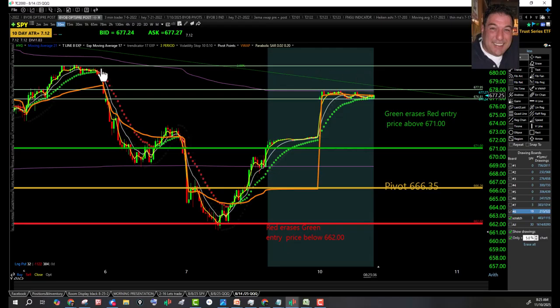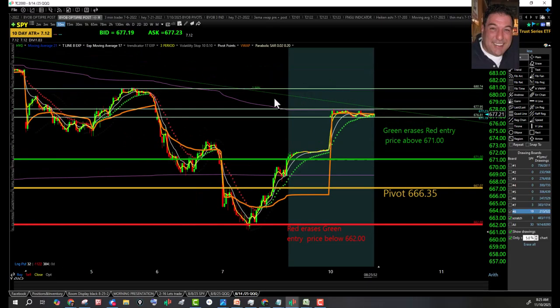Okay, so that's probably going to be the ceiling for today, 680.74. I don't see them breaking that. If they do, it's like game on for the bulls. Okay, if they break that and close up here or consolidate up here, that's super bullish.